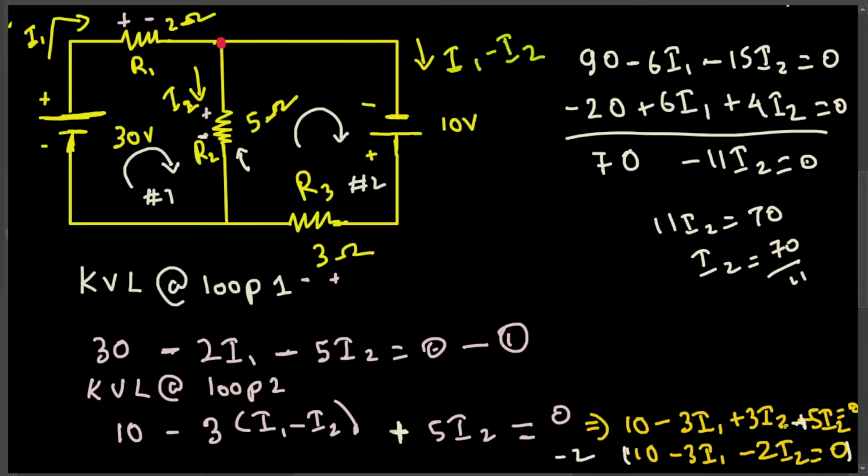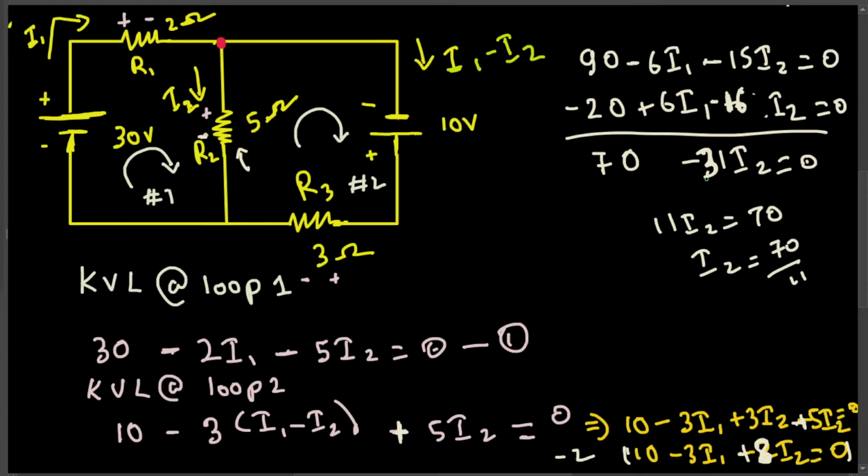And so if I do that, then this is going to be plus 8i2, and if I multiply that one with negative 2, that's going to be minus 16i2. So this is minus 16i2, and minus 16i2 minus 15i2 is minus 31i2.